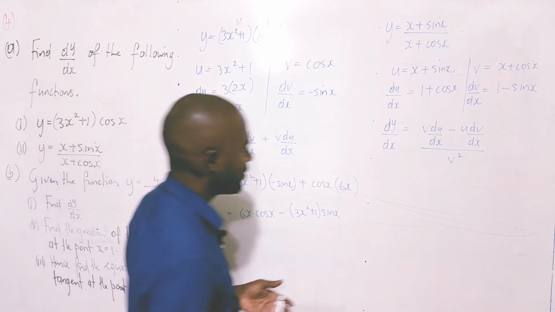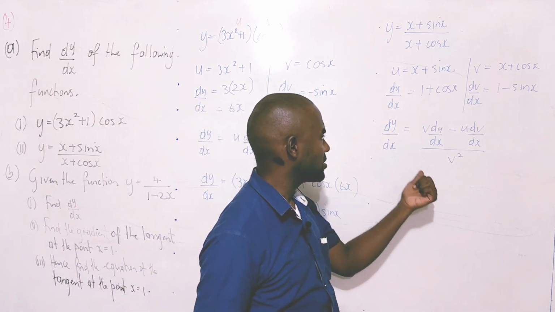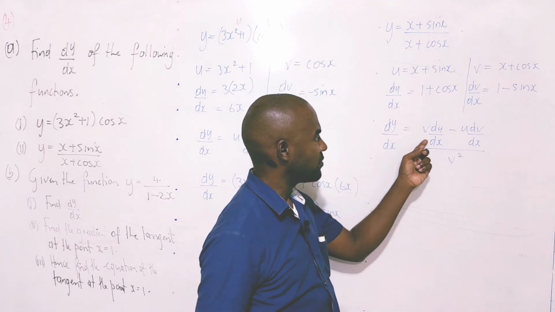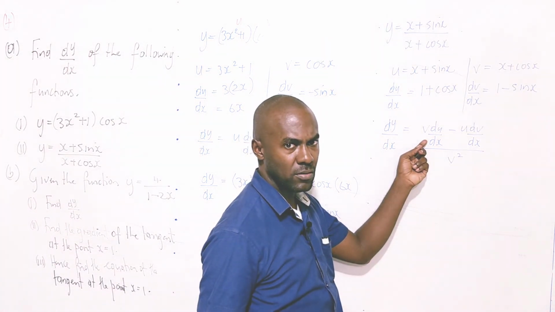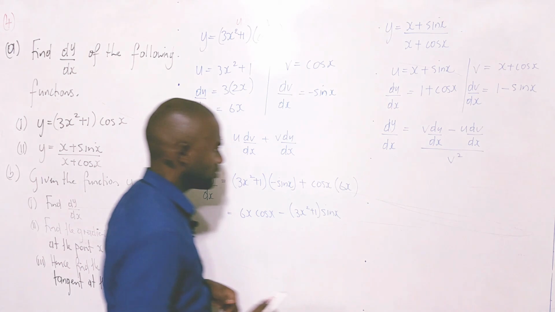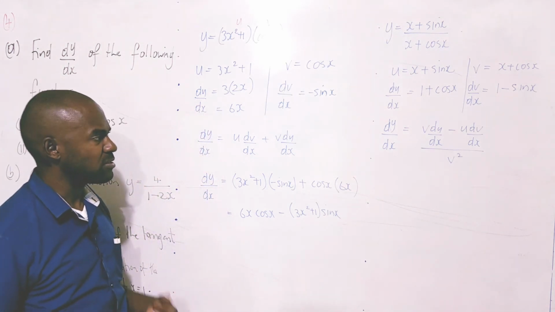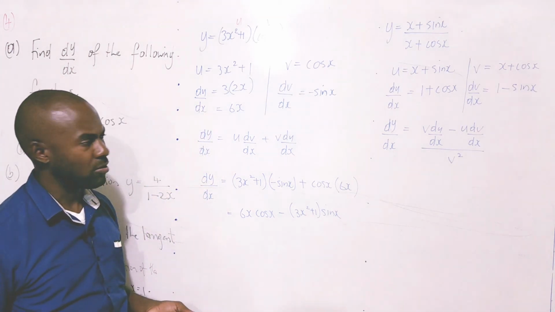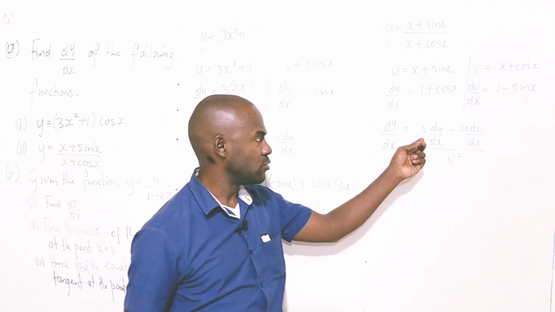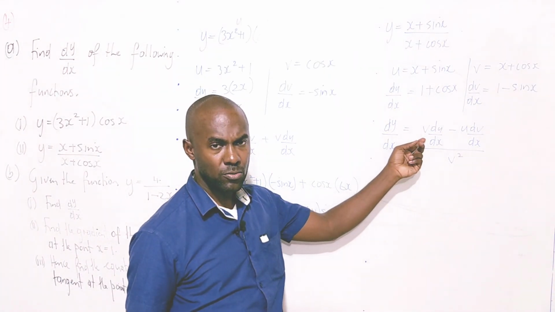And that is a way of helping them to remember that when it comes to the quotient rule, it's the v du by dx term that comes in front. So for some people that is a way to avoid making a mistake of not putting v du by dx in front when applying the quotient rule.